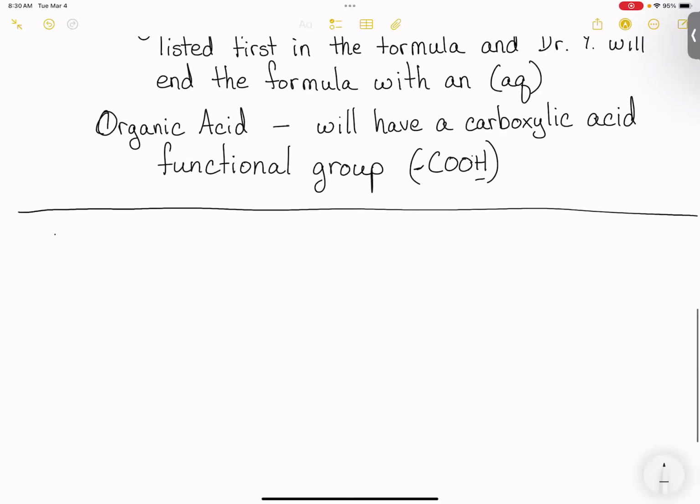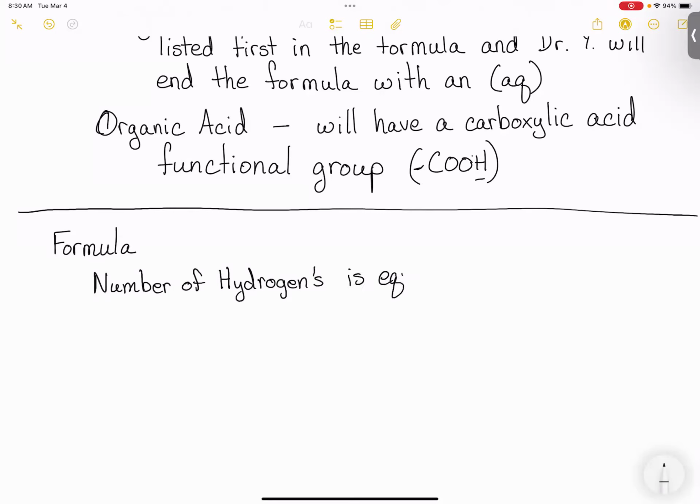So let's talk about the formula. The number of hydrogens is equivalent to the charge on the anion.